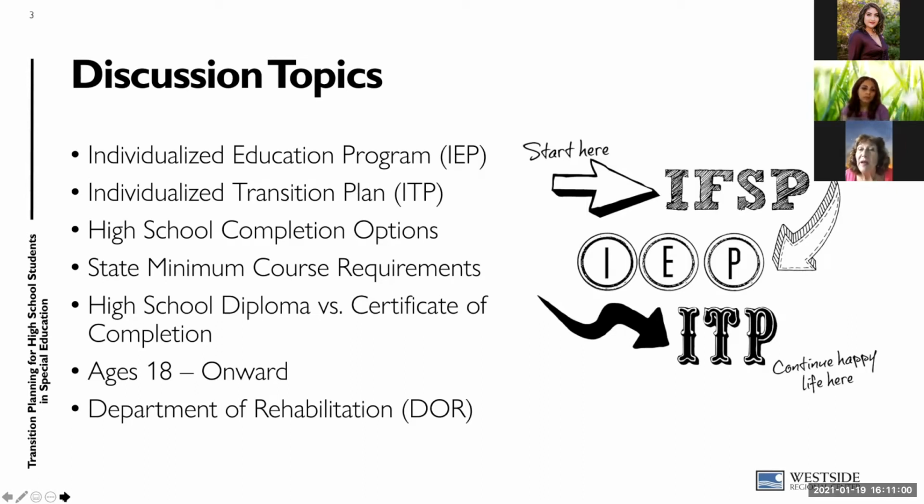Many students on the alternative track stay in school until age 22, and some students with the diploma exit at age 17 or 18. So we'll talk about both of those scenarios.